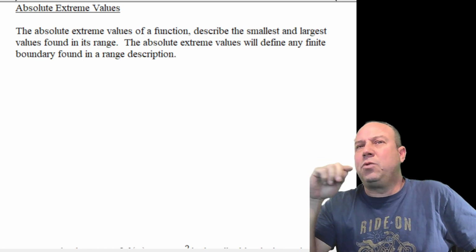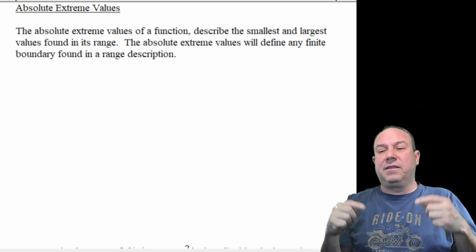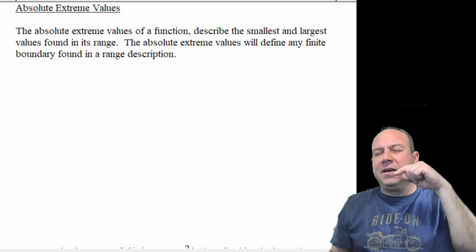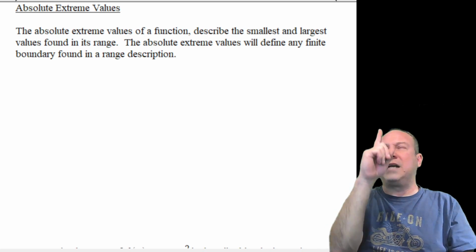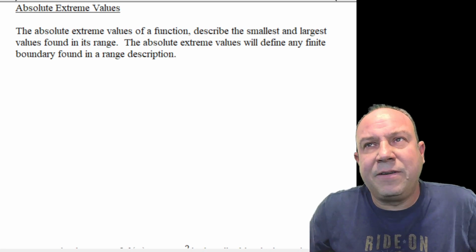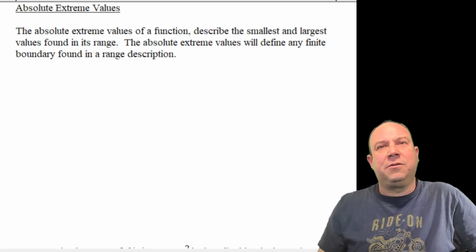In those cases, we may or may not have maximums or minimums, depending on whether we have negative infinity as a lower bound, we would not have an absolute minimum, or positive infinity as an upper bound, we wouldn't have an absolute maximum value in those cases.